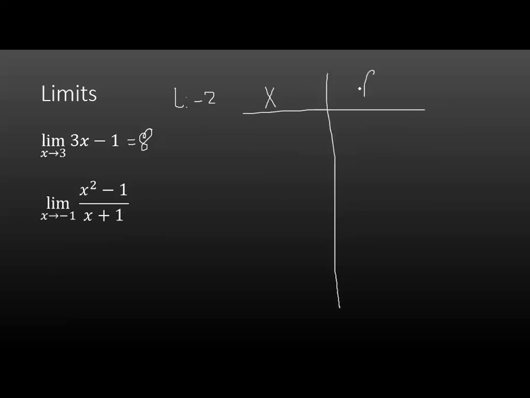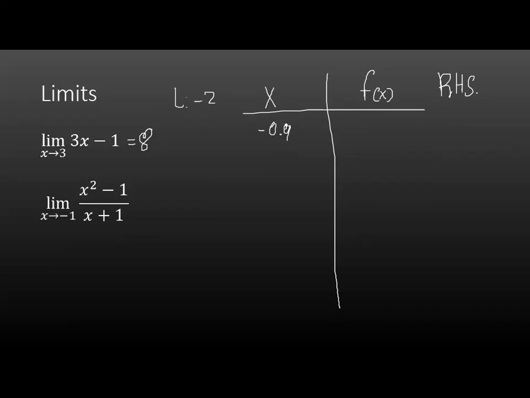Now let's proceed to the right-hand side, getting x values closer to negative 1 from the right side. What are the numbers closer to negative 1 from the right side? Well, we have negative 0.9, right?